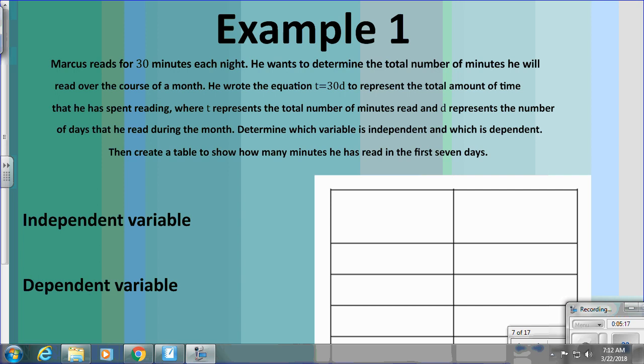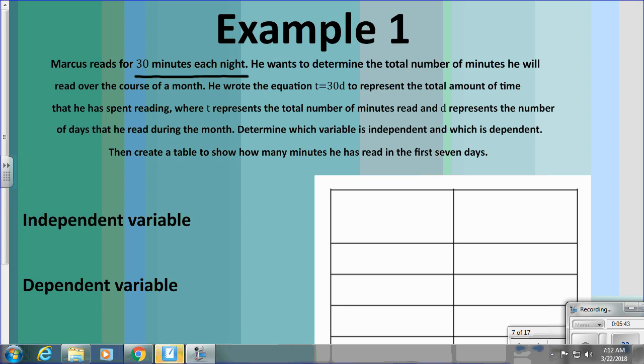Now we're going to see how this can create tables based on words and understanding the independent and dependent variable. So our first example is about Marcus. Marcus reads for 30 minutes each night. He wants to determine the total number of minutes he will read over the course of a month.